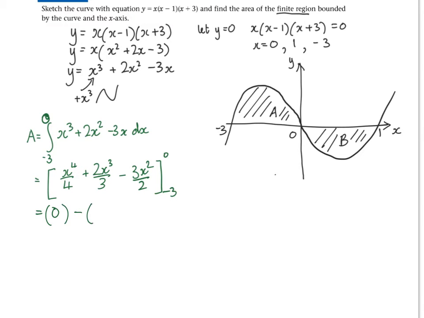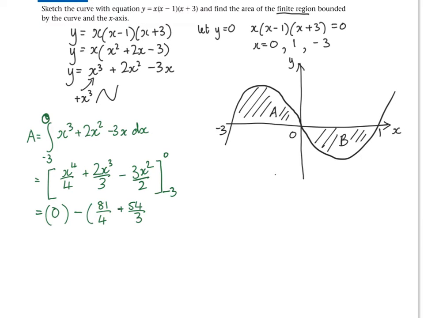And then the second bracket's going to be 81 over 4 plus 54 over 3.